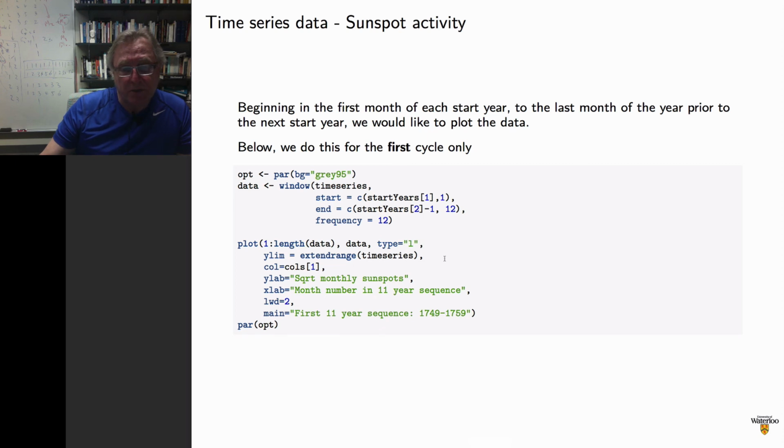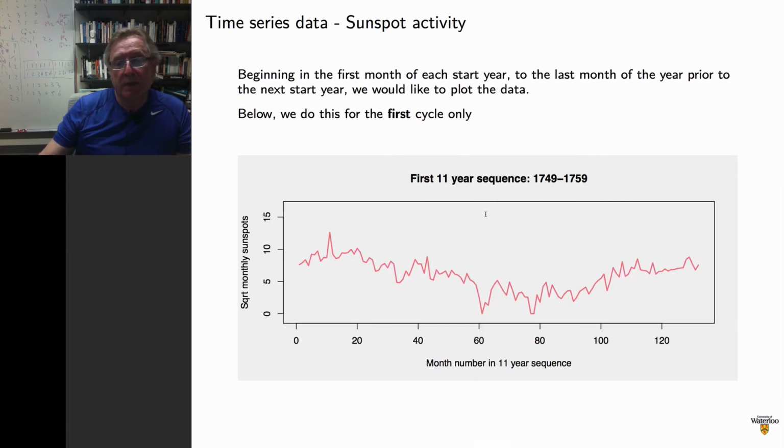So I'm going to plot the first cycle only, right? So I just want to get where I'm going to start and end. I've got a window for this data, start and end at some place from the first of the start years to the second start year, back one for the end here, okay? So if I plot that, I have the first sequence.